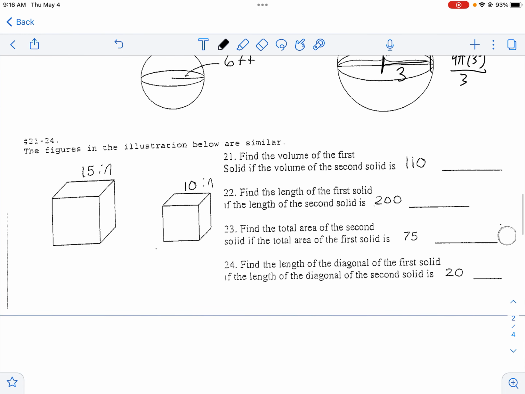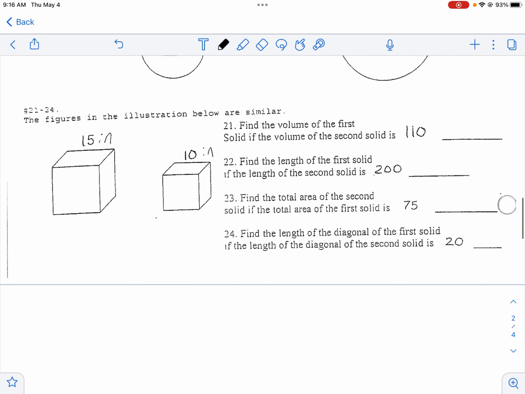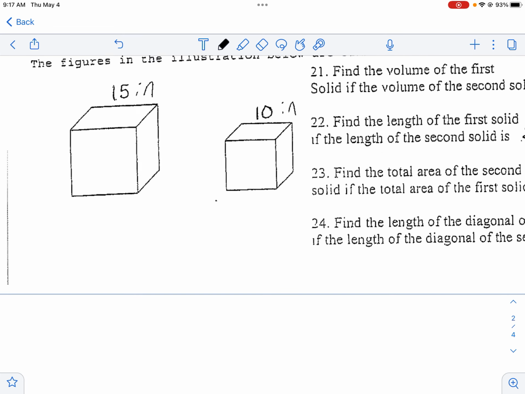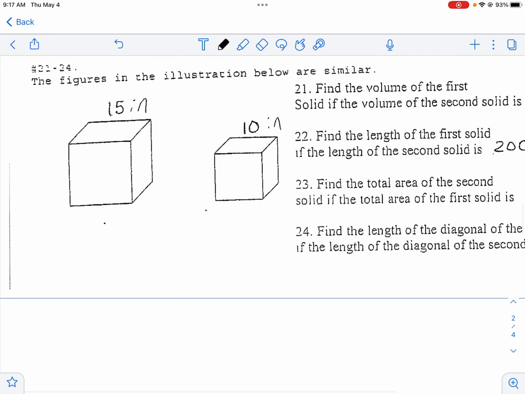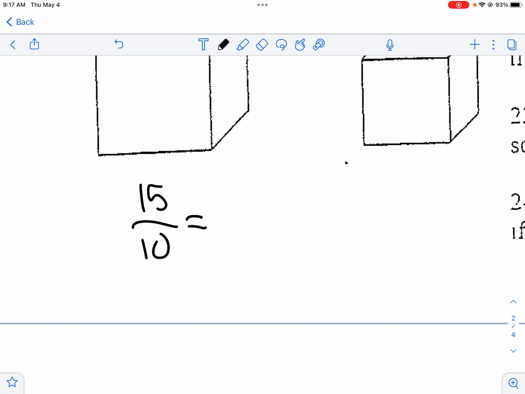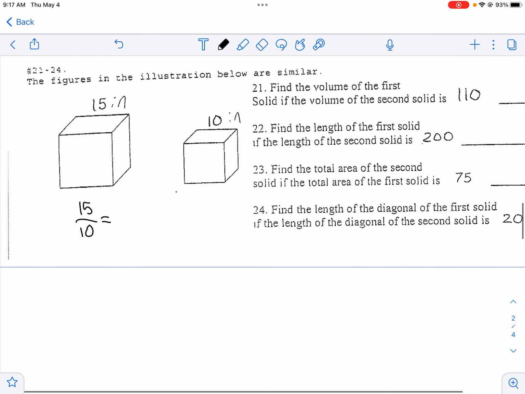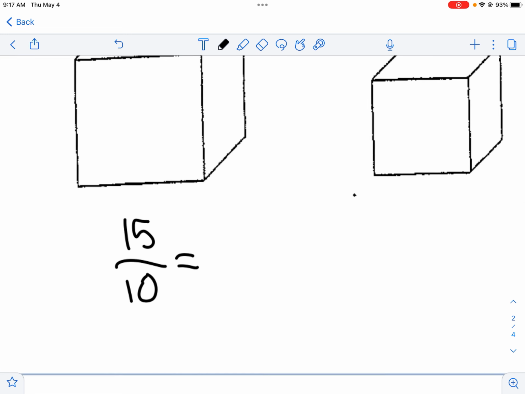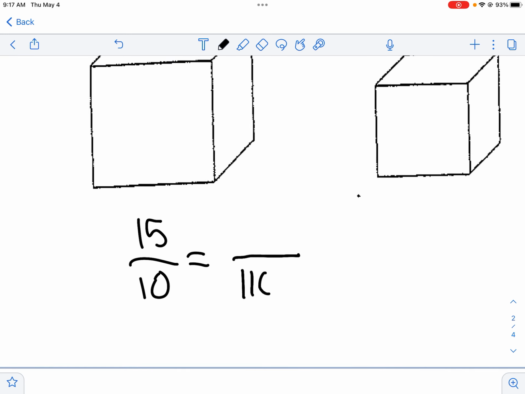Next question. Let's go ahead and find the volume of the first solid. If the volume of the second solid is 110, we have to set up these proportions for this one first. So we're trying to find volume. Let's take our scale factor, which is 15 over 10, and set that equal to the volumes. It says the volume of the second solid is 110. The 10 came from the second solid, so I'm going to match that.